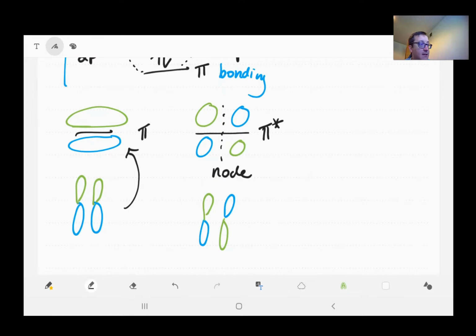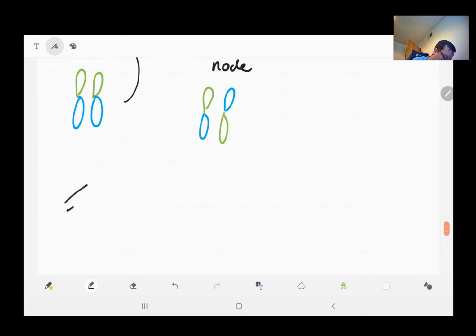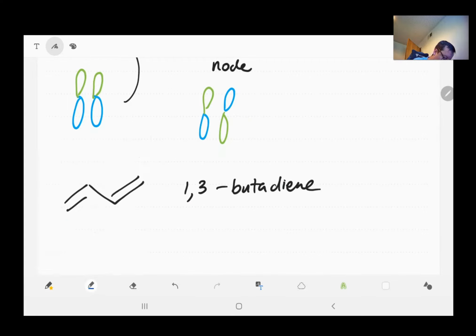And we can take this now to a more complex example. If we want to look at this molecule, the 1,3-butadiene, we've got 4 p orbitals in this molecule, right? These are all sp2, meaning they have 1 p orbital left.